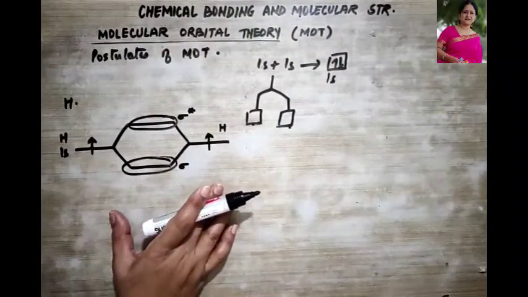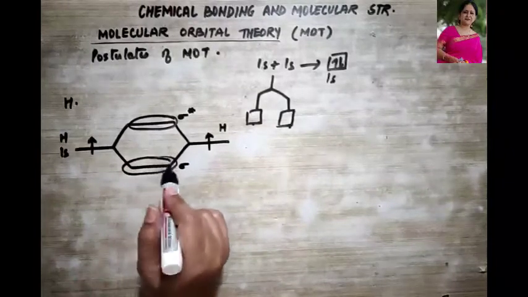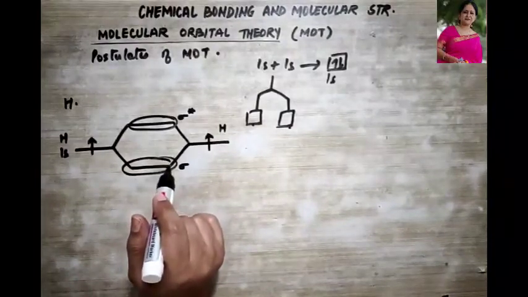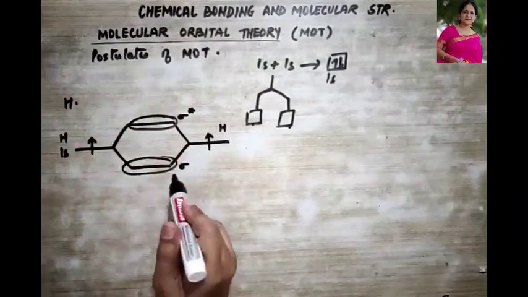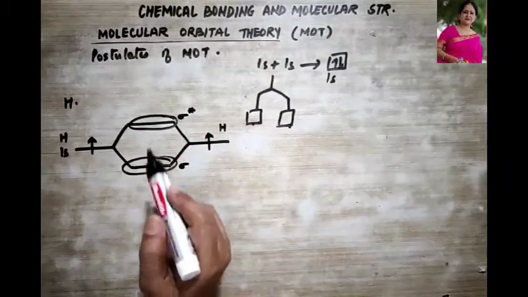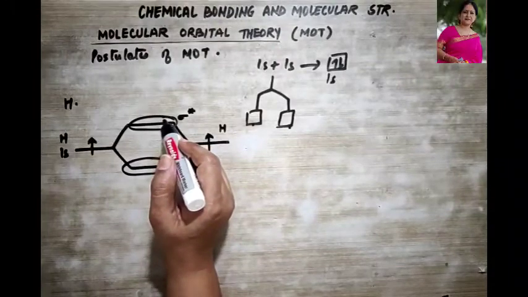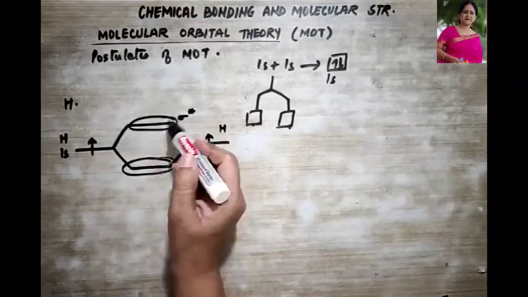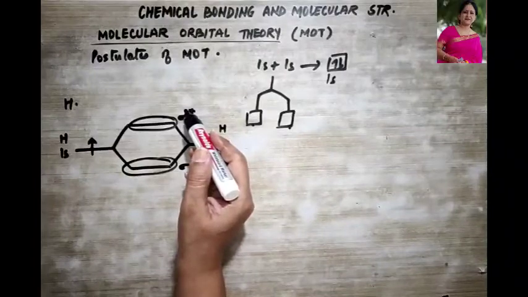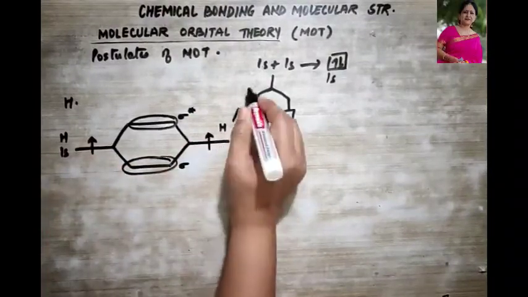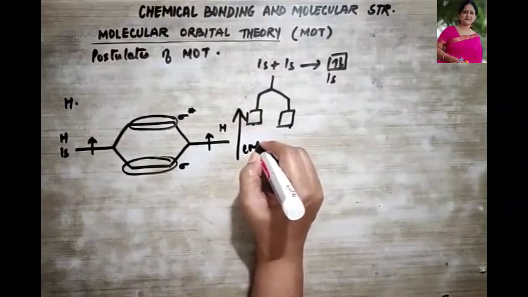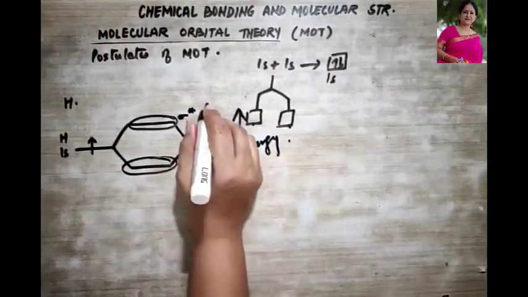Now always remember one point, that your bonding molecular orbital, which always has less energy, will be stable. And the anti-bonding molecular orbital, which has more energy, will be unstable. Energy level goes like this, upwards. Energy increases as we move up.